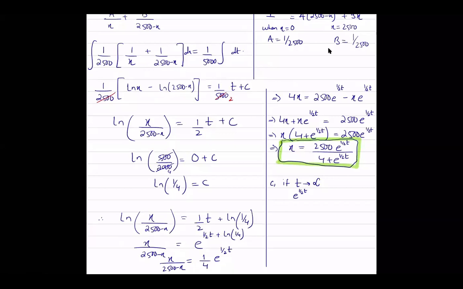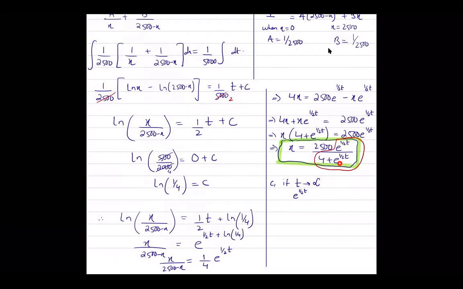Also, if t approaches a very, very large value, we say that it's approaching infinity, then would you agree that the numerator is also reaching towards an infinite value and the denominator is also reaching towards an infinite value? Yes.